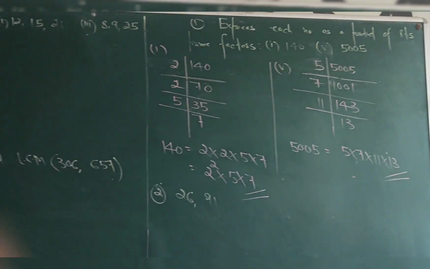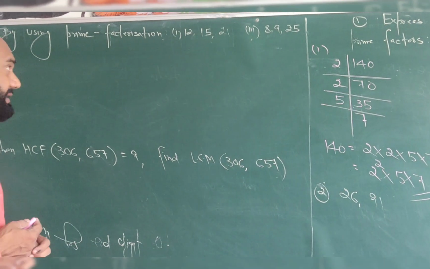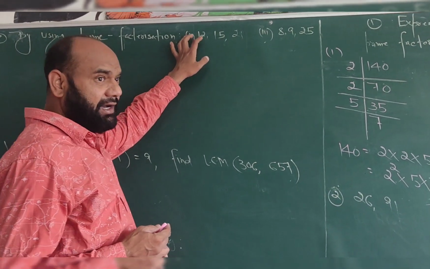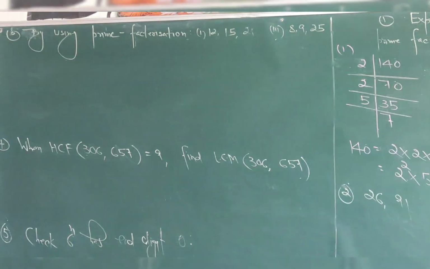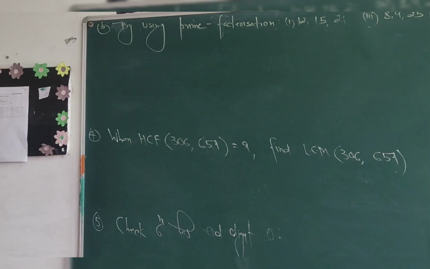And the third question is, using prime factorization, find the highest common factor and LCM of the numbers 12, 15 and 21.